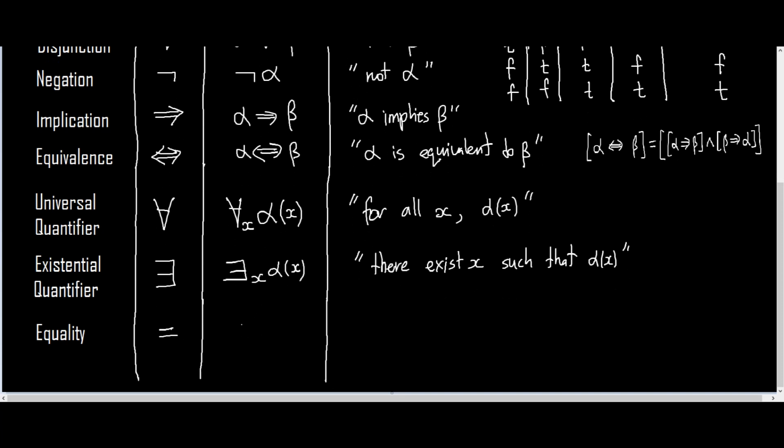We'll talk a bit more about that later. So the way this is used is x equals y, where x and y are no longer statements, unless specifically we talk in this language about statements. And like for this equality here, for instance, we used this equality in a language where our variables were Greek letters, actually, and we were talking about statements that are represented by those Greek letters.